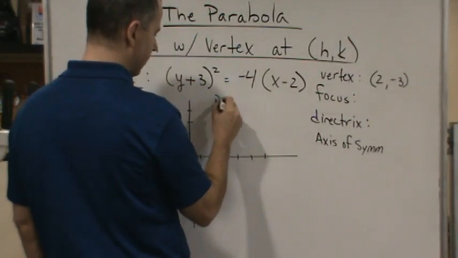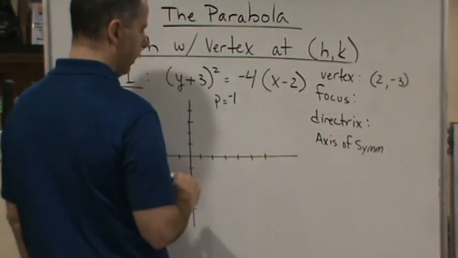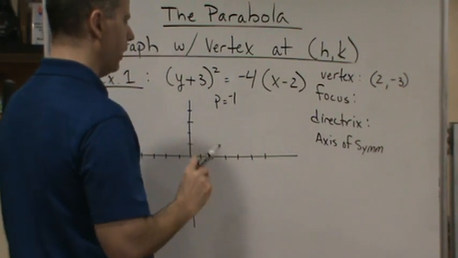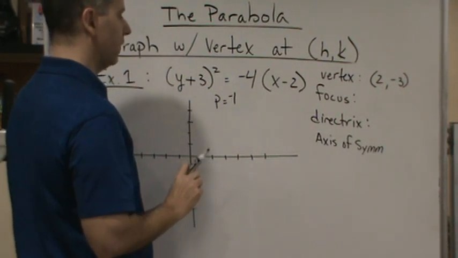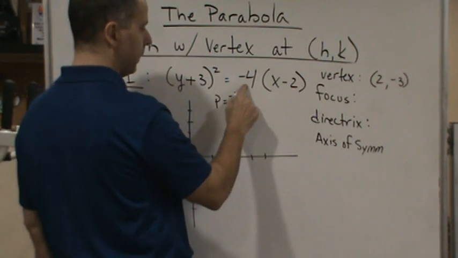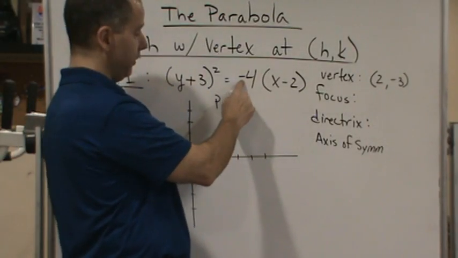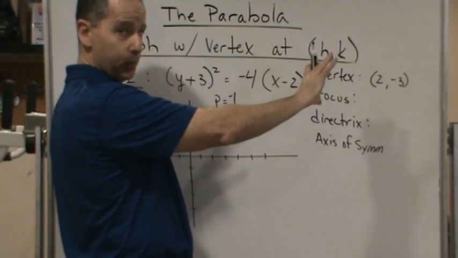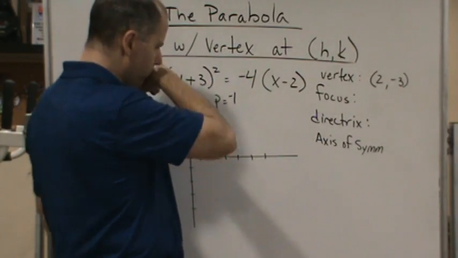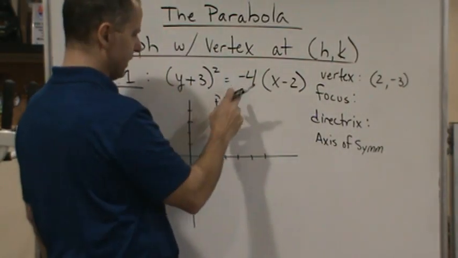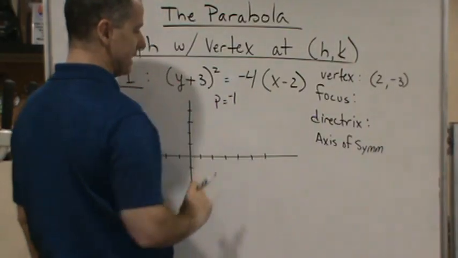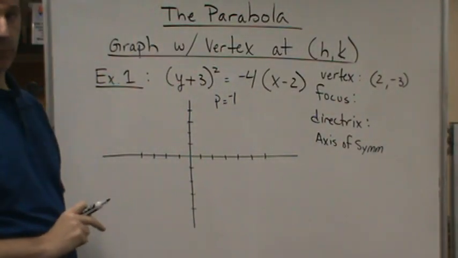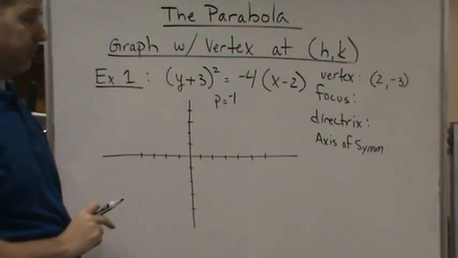Now, the focus is what? Since p is equal to -1, the focus is going to be 1 unit to the left. Because the negative sign, since it's going horizontal, it's either going to open left or right. In this case, since p is negative, it's going to open to the left.